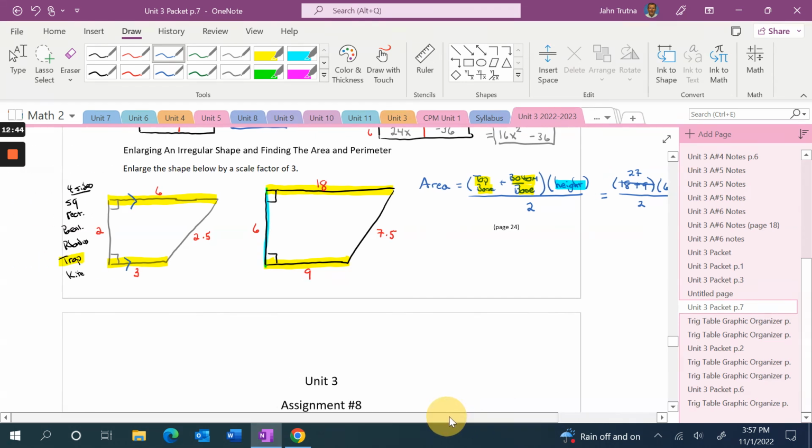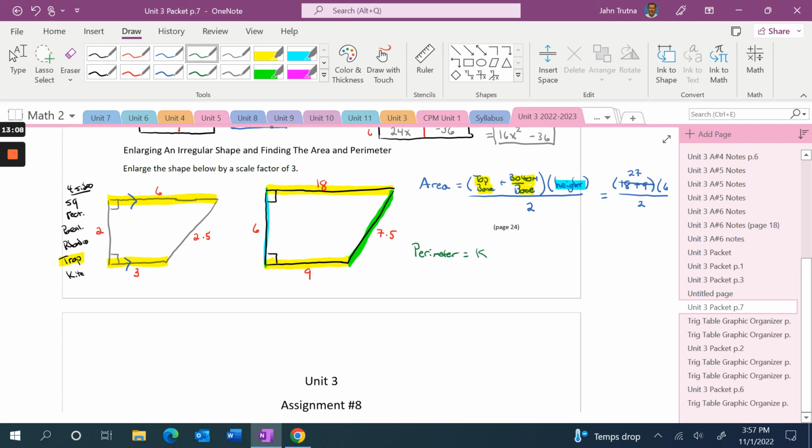Okay, so now let's go through and find the perimeter. All right, so remember, to find the perimeter, you have to add up all the sides. So I'm going to have to add up the 2 yellows with the blue with the green, and that'll give me the perimeter of my enlarged irregular shape, which turns out to be a trapezoid.